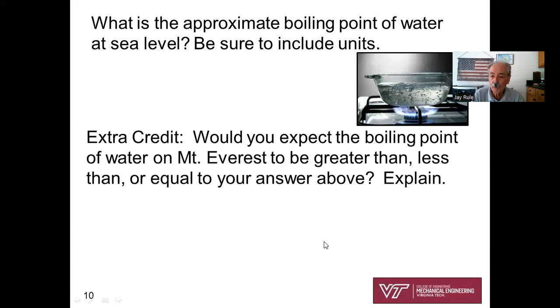What is the approximate boiling point of water at sea level? Include units. Do you know that off the top of your head? You don't have to be precise, but about what's the boiling point of water at sea level, both in SI and English? Could you write that down pretty quickly? Extra credit: let's say you're on the top of Mount Everest.